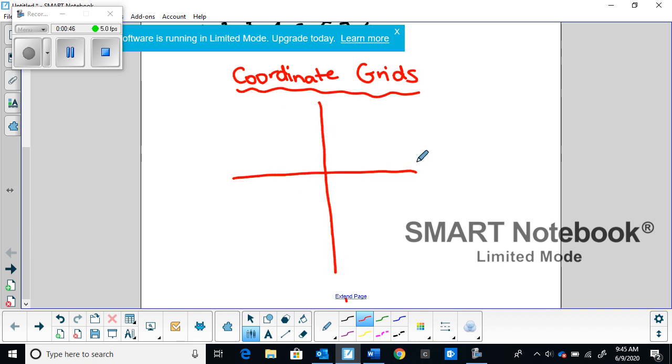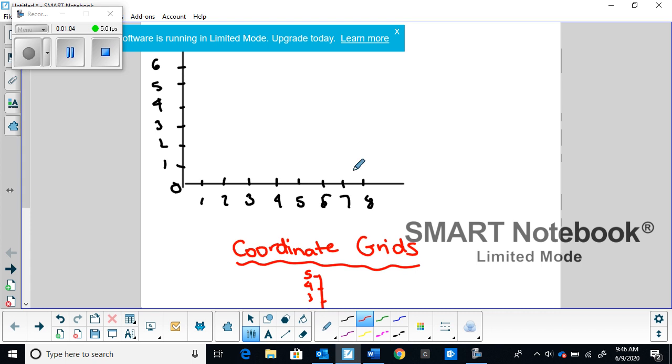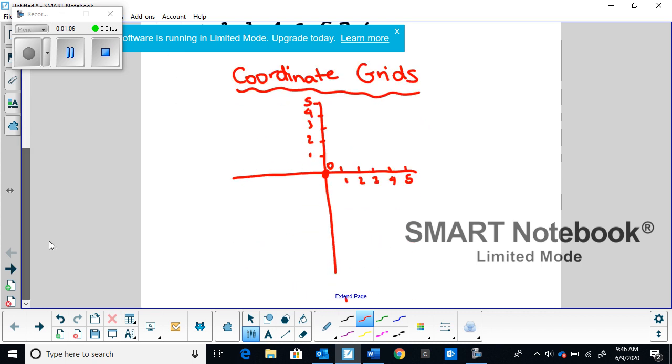If I draw it like this, here we have 0, and here we have 1, 2, 3, 4, 5, and this way we're going 1, 2, 3, 4, 5. That looks familiar to this top side that I have here, but that's only one quadrant of the graph. We need to see what's going to happen to the other quadrants.